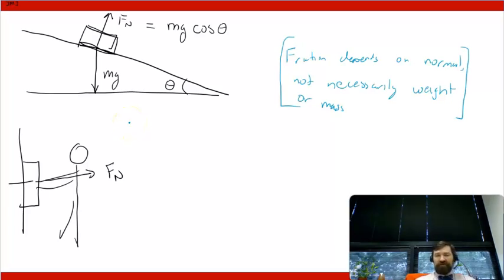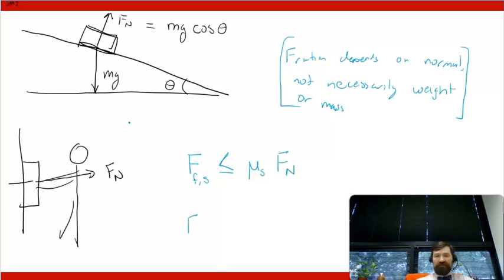The equation, therefore, which relates friction to normal force: F friction static must be less than or equal to some maximum amount that's determined by the coefficient of static friction and the normal force.